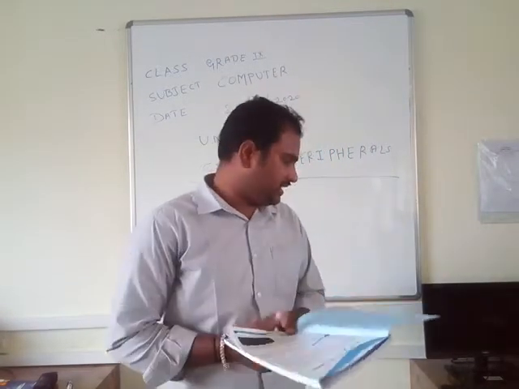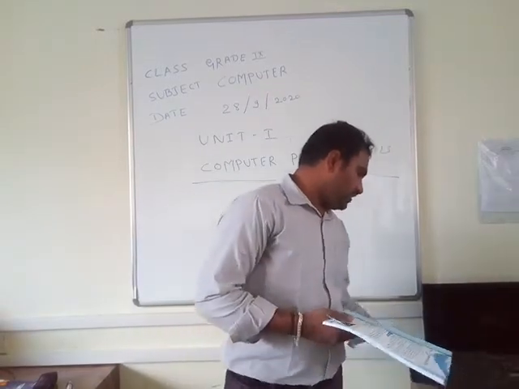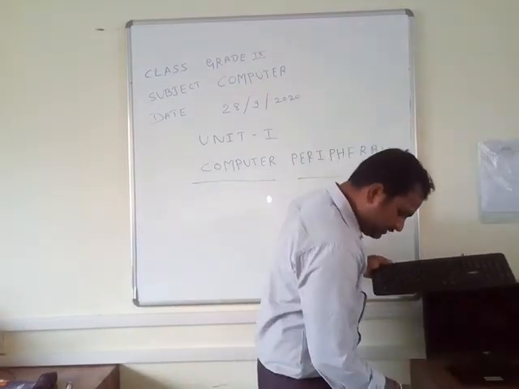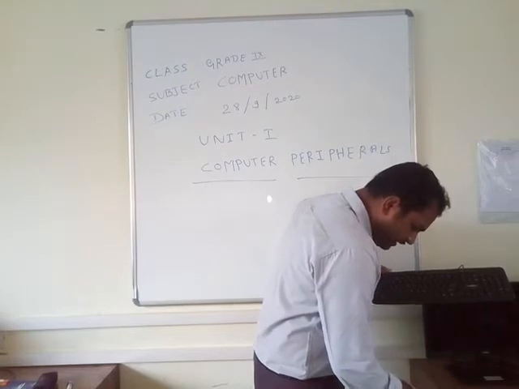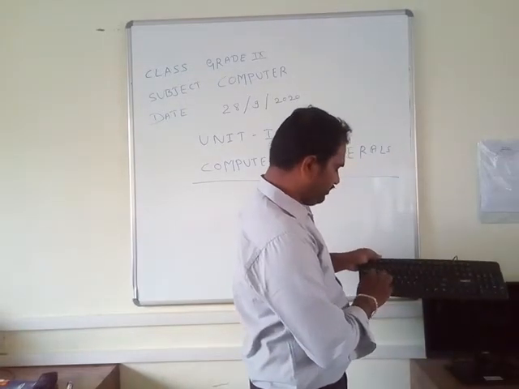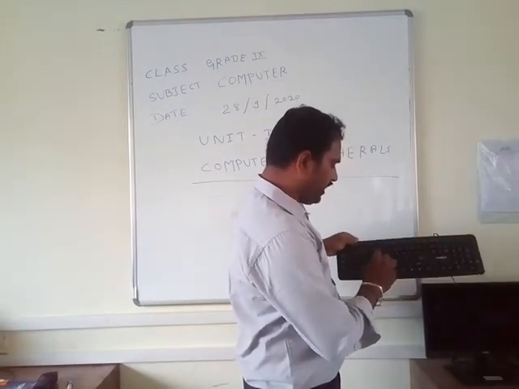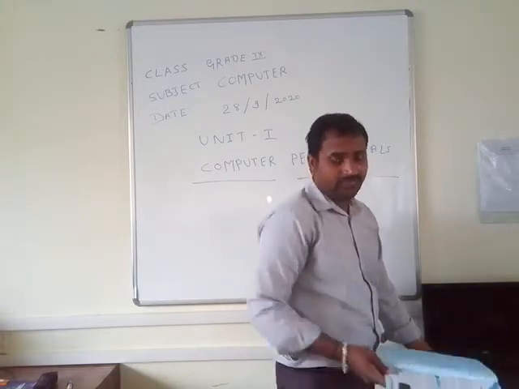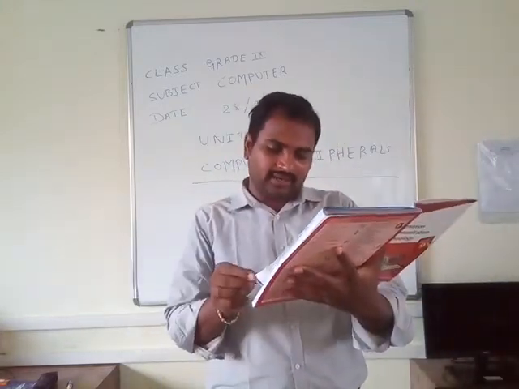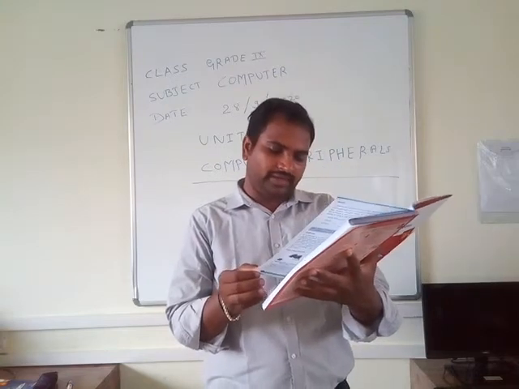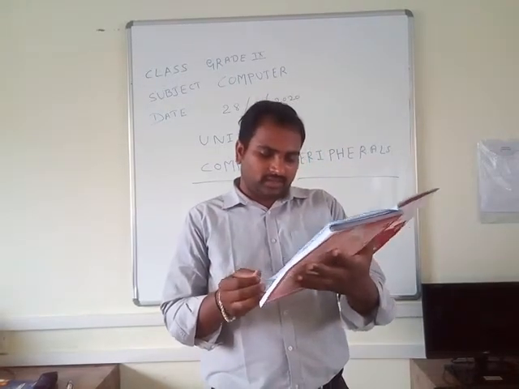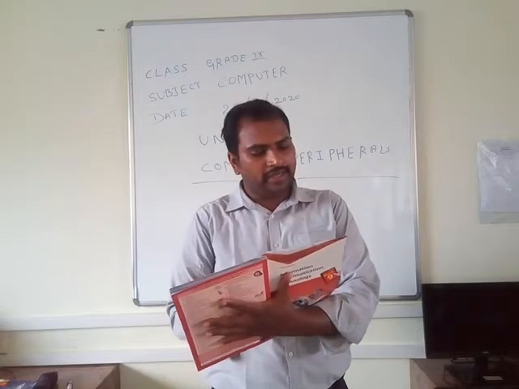You can see on the keyboard that the upper row is called the QWERTY keyboard. The QWERTY keyboard has 104 keys.